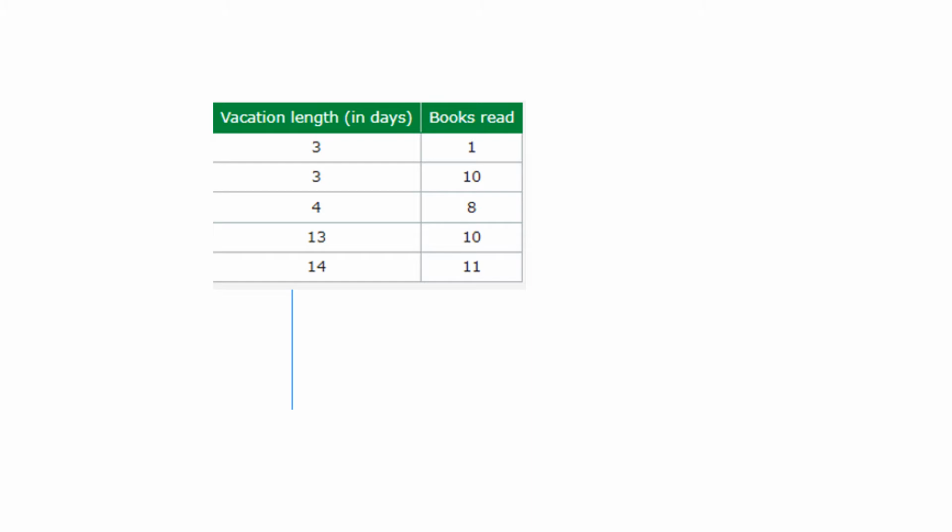Your R, or your correlation, is 0.583. But we know anything that is less than 0.6 is a weak correlation.